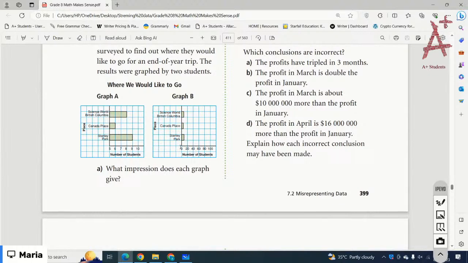So that means the students equally like to go to the three places, right? So both graphs are misleading. In graph A, the scale starts at 5, right? That means the values look bigger than in the other graph.